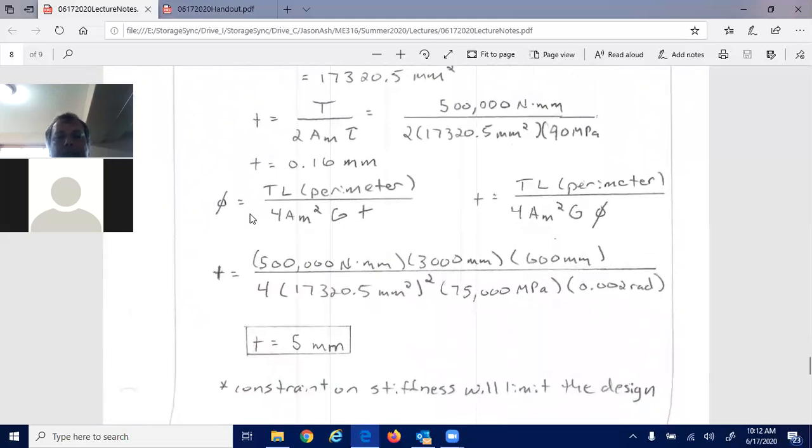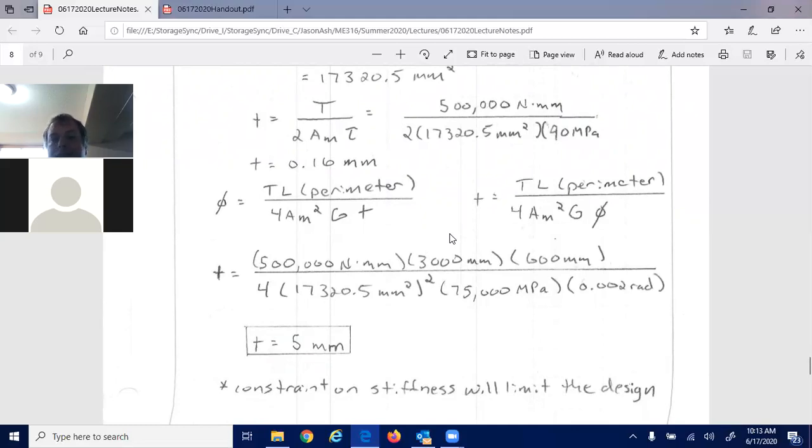This one I did write out the original equation for our angle of twist, TL times the perimeter over 4 A_m squared G t, since t is the constant that we're looking for. And we're just rearranging for solving for thickness, TL times the perimeter over 4 A_m squared G times phi. Plugging in our values again, torque 500,000 Newton millimeters, length 3,000 millimeters.